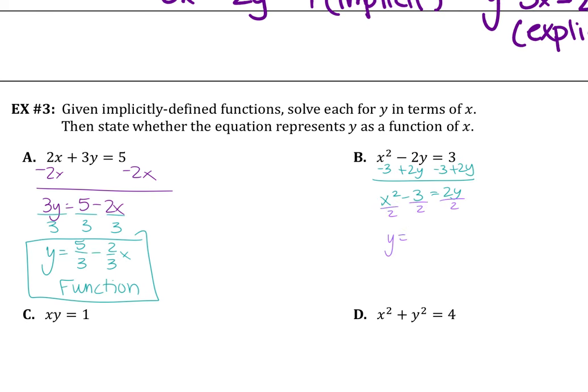Y equals 1/2 x squared minus 3/2. Y is by itself. X being squared creates a parabola, a U shape. You can use Desmos to help you graph this as well, so you can see what the graphs look like. But it is a function when it's a parabola. The vertical line test will help prove that for you as well.